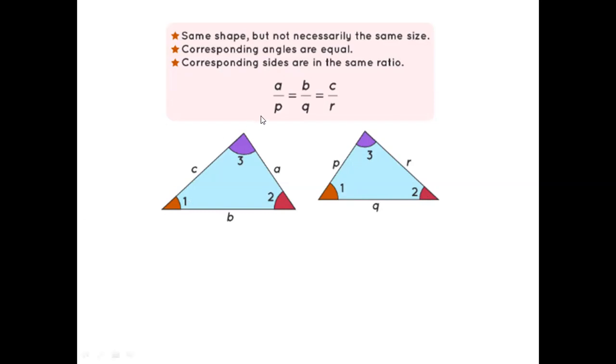For example, the A side corresponds to the P side. So this is like a flipped triangle and smaller. So A over P will equal the ratio B over Q, and that will equal the ratio C over R. If this number is the same for the three of them, that means that they're similar.